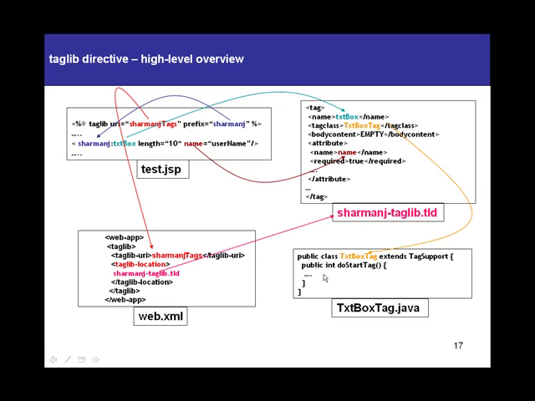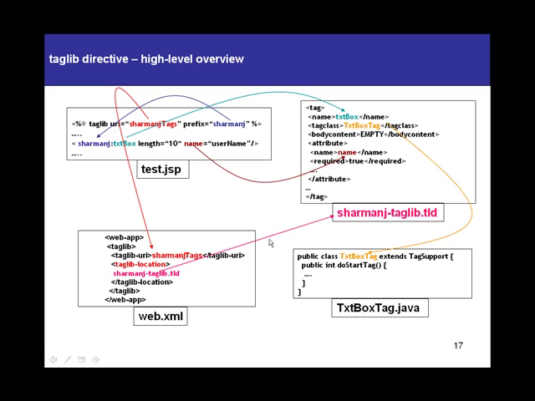So we'll have a look at the whole life cycle of a tag handler and all those things. What are the different tag handlers you can have, and the whole life cycle of a tag library in the future slides where we discuss tag libraries in more detail. But here I just wanted to show you the different components we have in place for tag libraries and how communication takes place between these components.